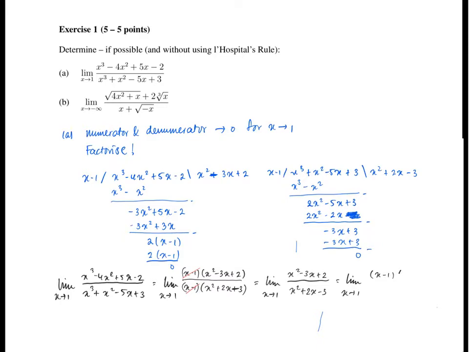So this equals x minus 1 times x minus 2, and in the denominator we get x minus 1 times x plus 3. Again x minus 1 cancels out, and as the remaining term we may substitute the value of 1, and we obtain minus 1 over 4.